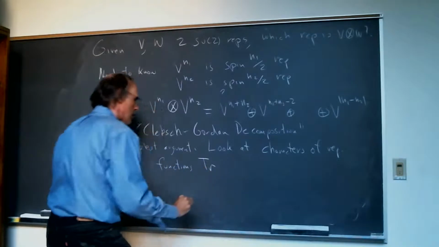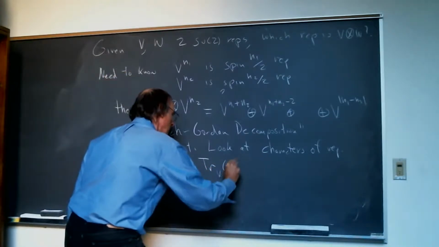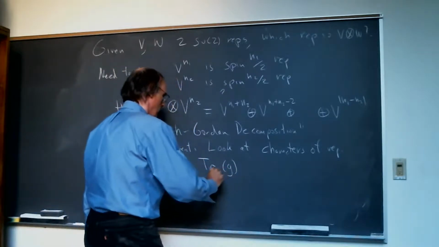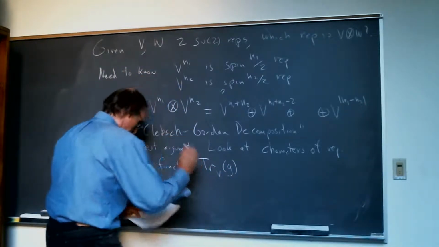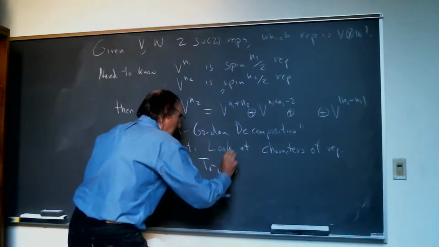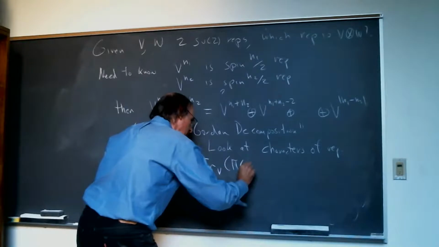You take the trace of V of g on pi, so the trace of pi of g.